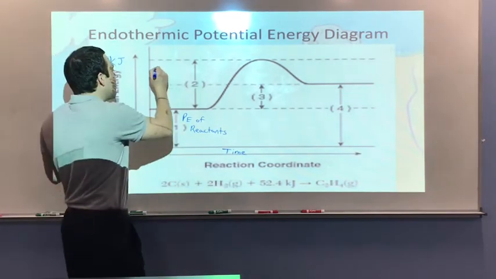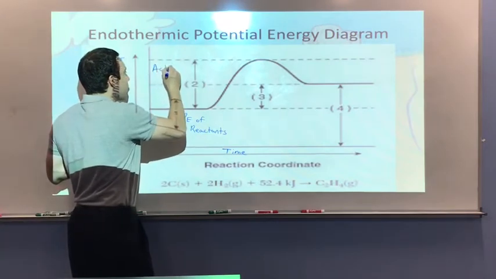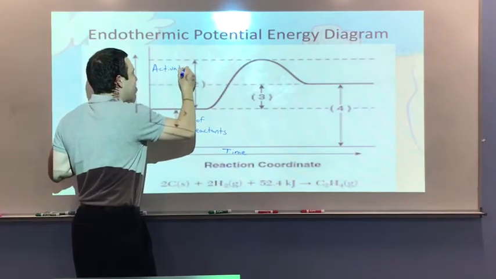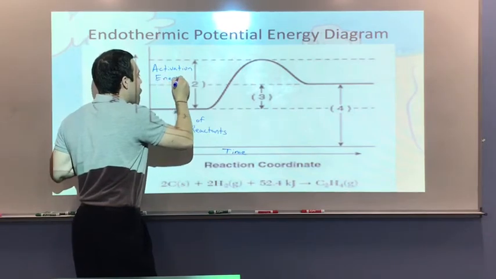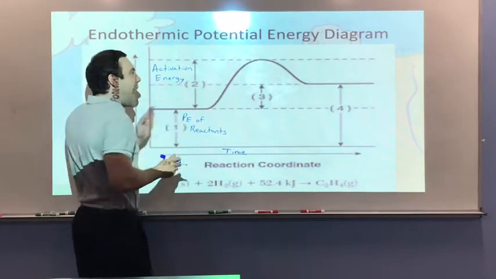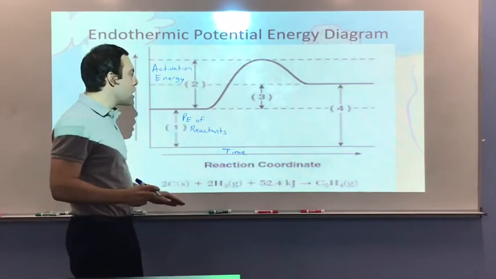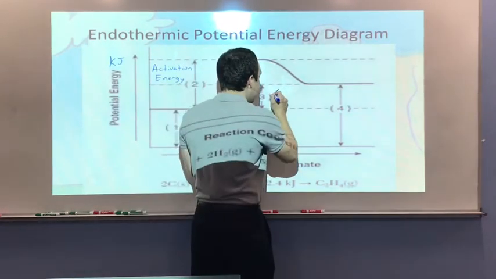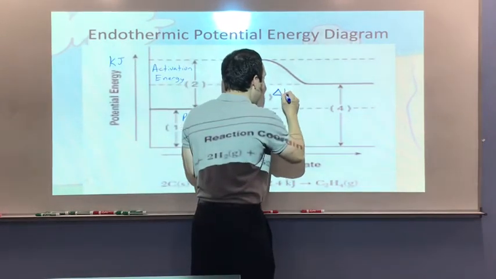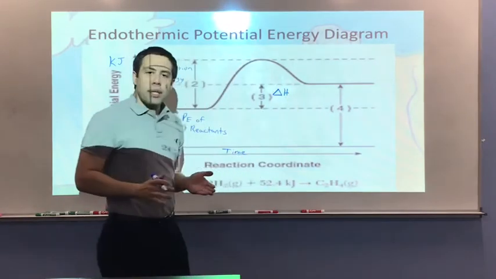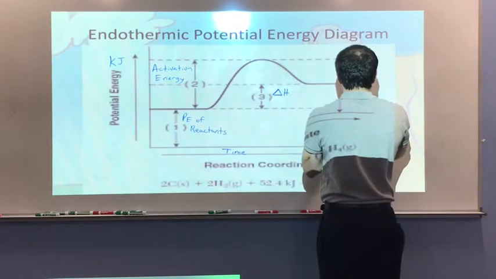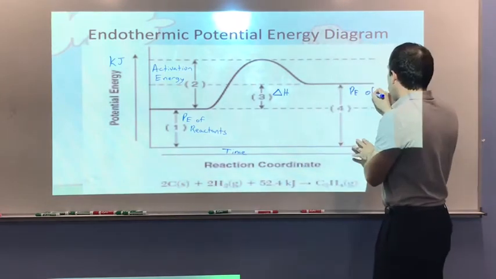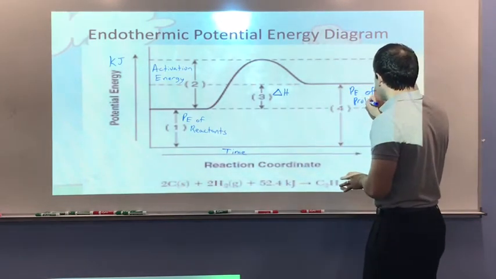Two is the activation energy. So that's the energy required to initiate the chemical reaction, to get us to the top of the peak. Number three is delta H, which brings us to point four. Point four is the potential energy of products.